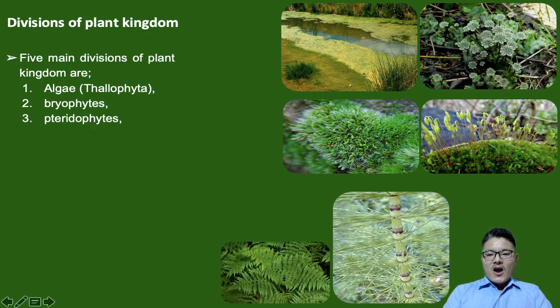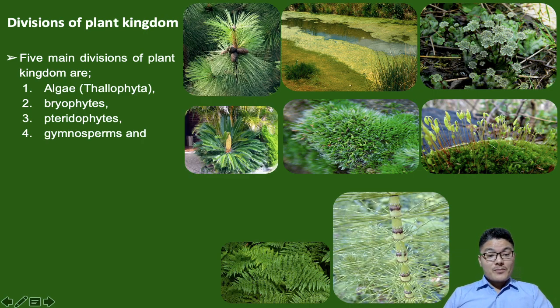Pteridophytes are considered to be the oldest plants. We usually consider algae and bryophytes as simple plants, and pteridophytes are considered to be the oldest plants. So pteridophytes includes horsetail and ferns.